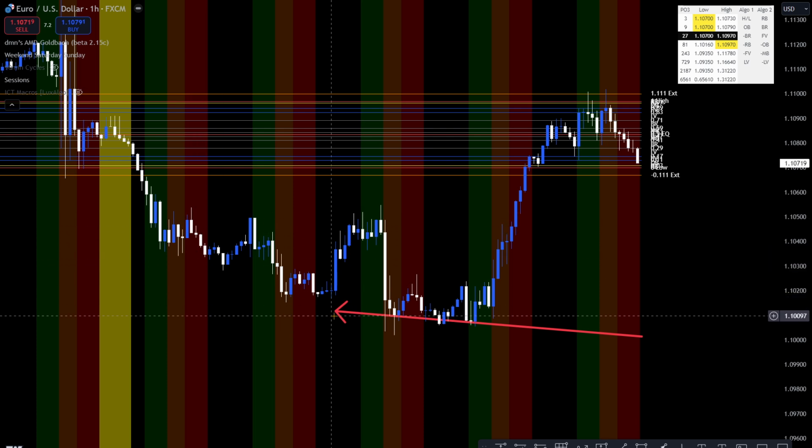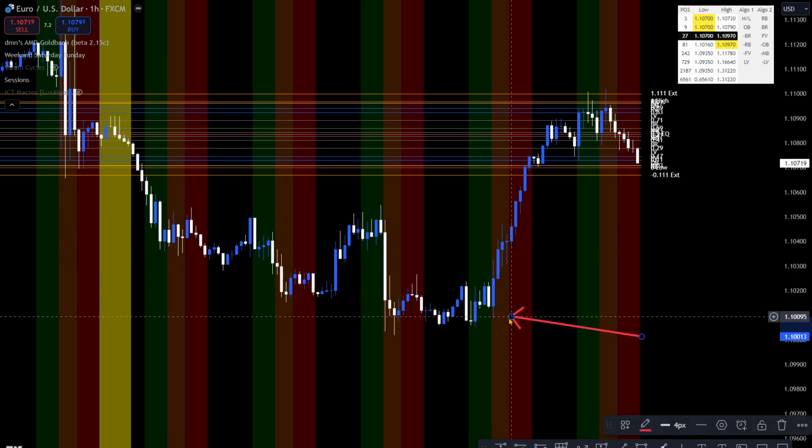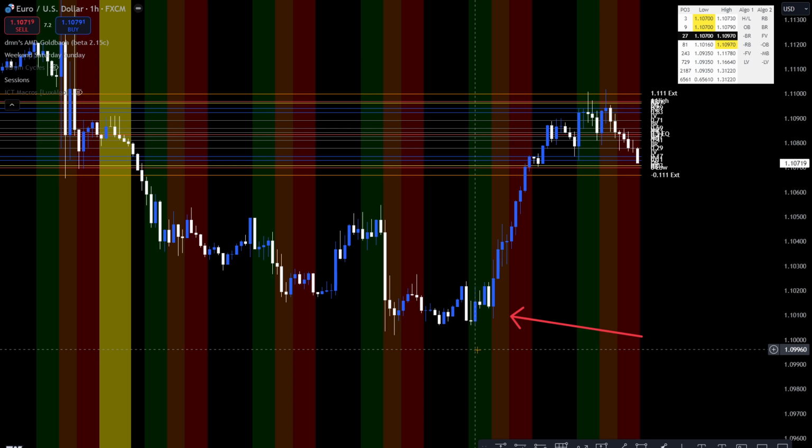Now, the euro is not, in my opinion, I'll say it like that, the euro doesn't move too much. It doesn't move super far, like super fast rather. It makes good moves pretty much every day.